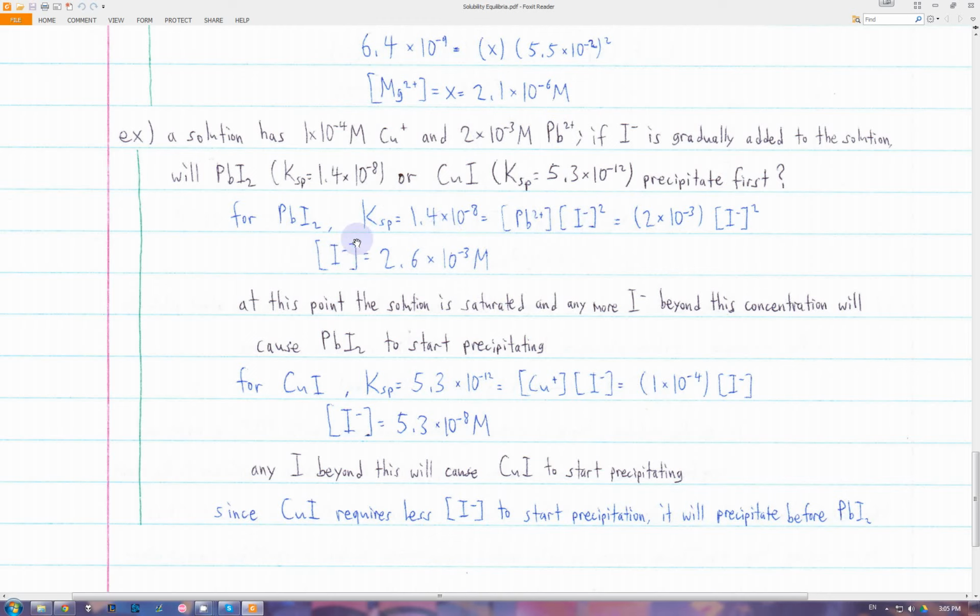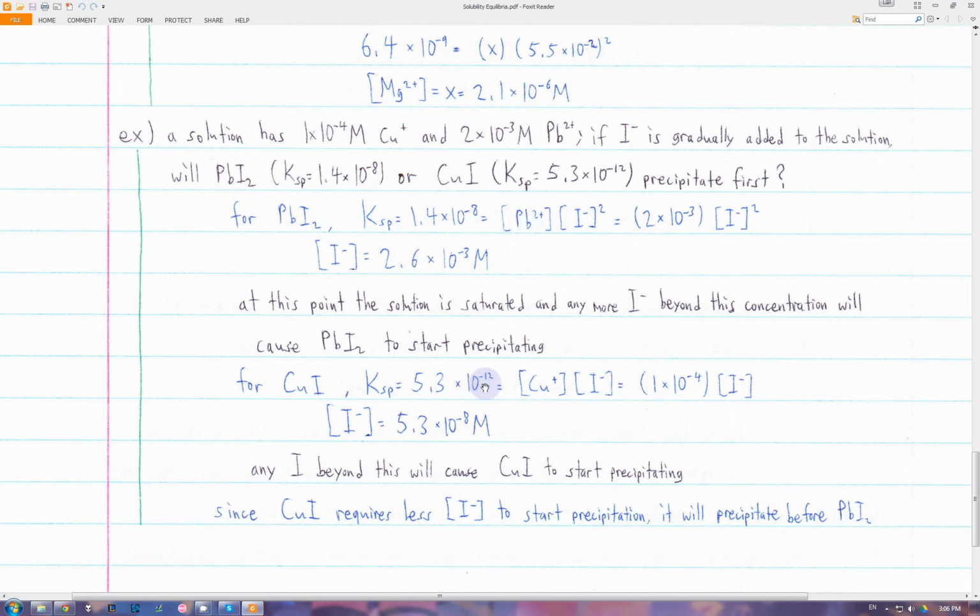However, once the concentration of iodine increases over this amount, then now the right side of the expression is too large. So the precipitation of lead iodide will start once there's more iodine than this. So we can do the same thing for copper iodide.